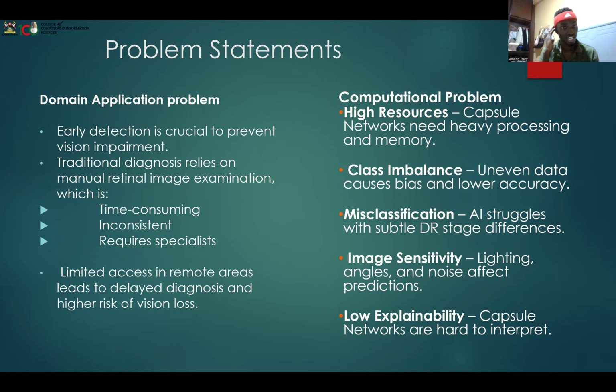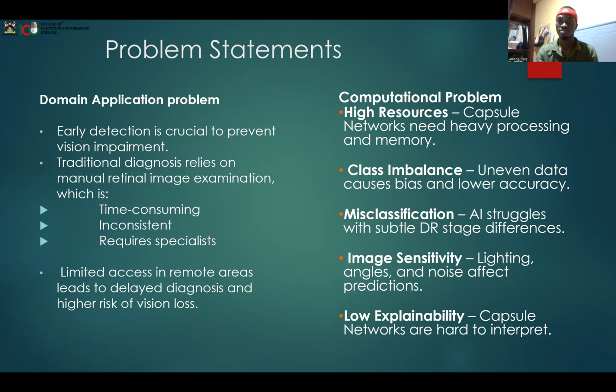The traditional diagnosis relies on manual retinal image examination, which is, of course, time consuming, inconsistent, and requires specialists. And it is usually not accessible in remote areas.